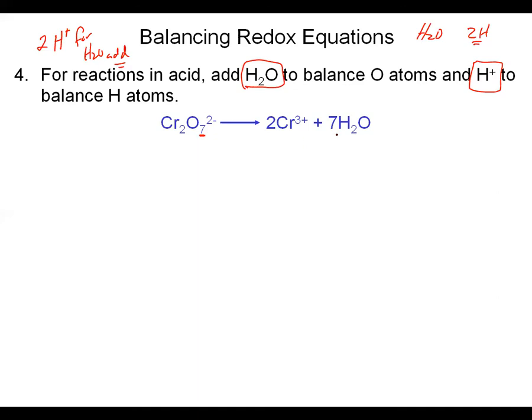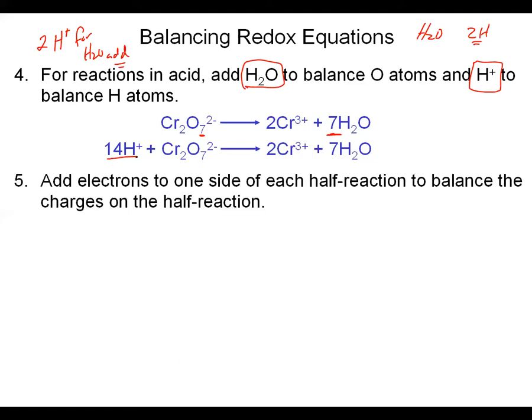That is why we added 7 waters to the right-hand side. Because we added 7 waters, we're going to need to add 14 H+ to the other side to balance out all those hydrogens that we added. So again, one side gets the water that needs the oxygen, the other side gets H+ to balance out the hydrogens. In the case of the iron, there was no oxygen on either side, so we didn't have to worry about doing any of that for the iron part of it.